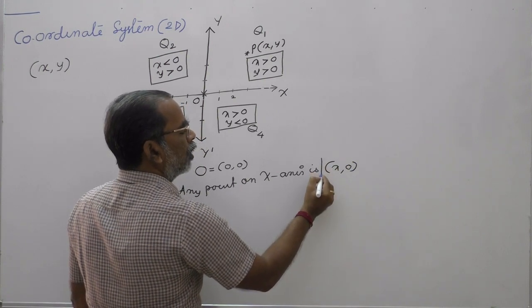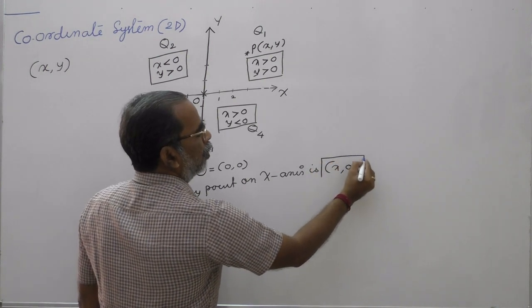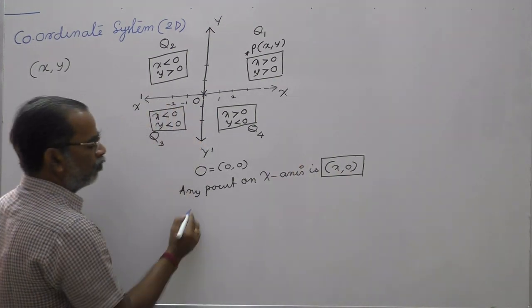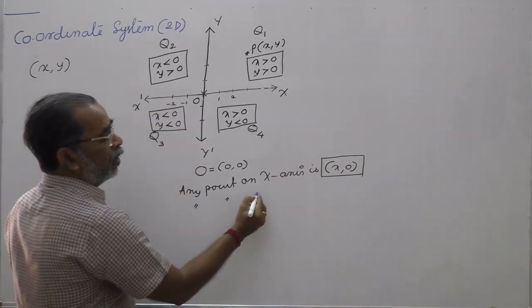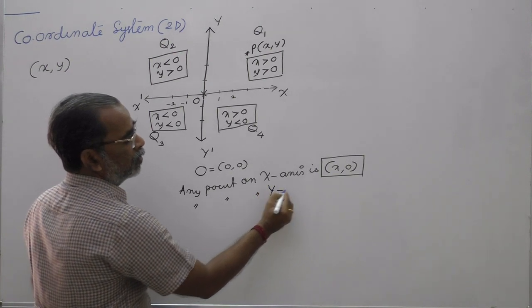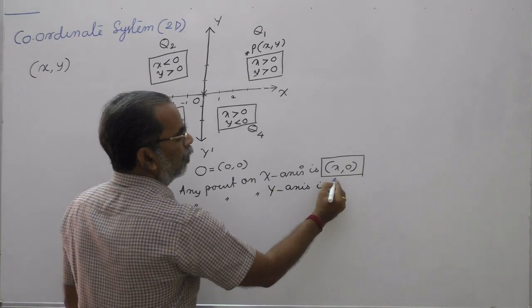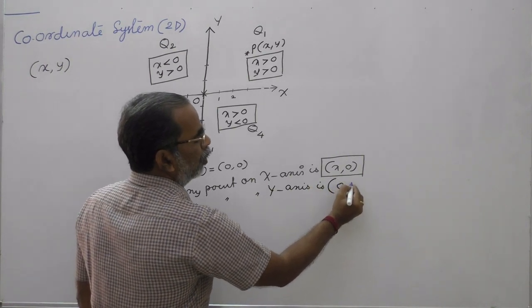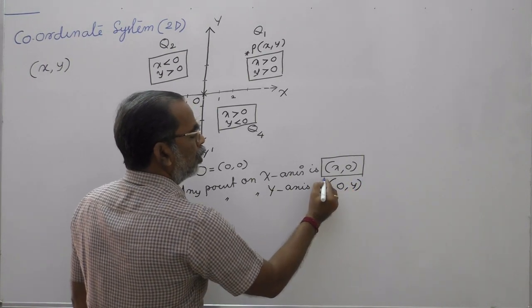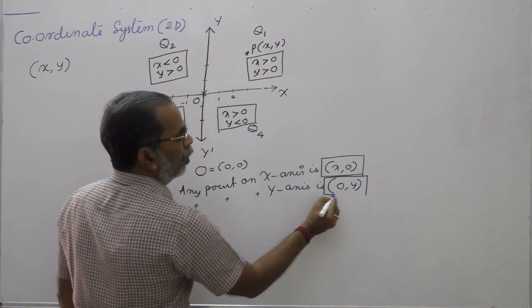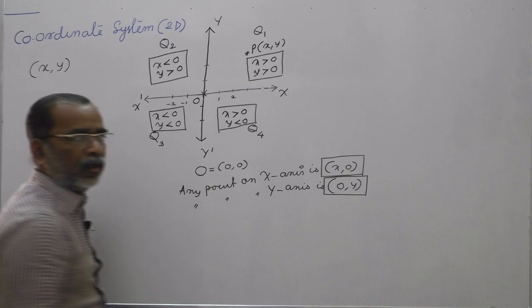So if the y coordinate of a point is 0, then we say that the point lies on the x-axis. And similarly, any point on the y-axis is of the form 0, comma y. So if a point is on the y-axis, then its x coordinate will be 0.